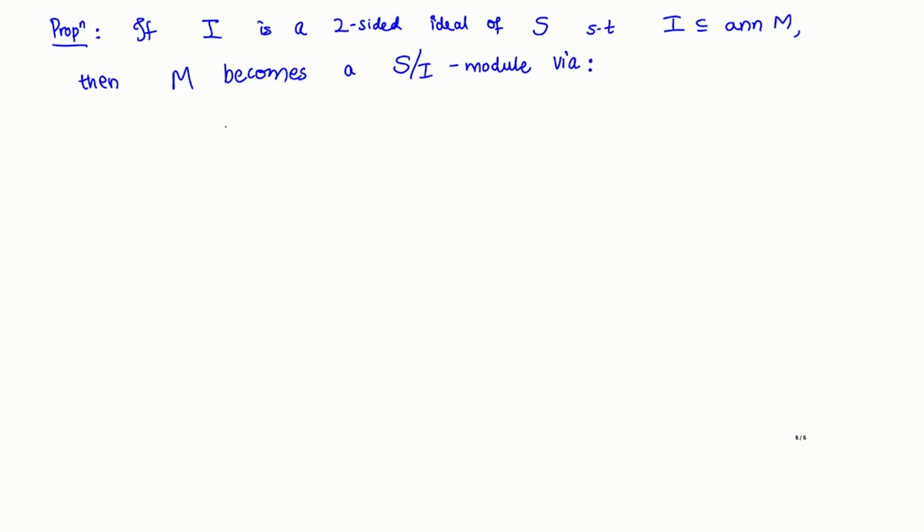Take an element of S mod I. What does a typical element look like? It's a coset, so let's write it as the coset s plus I. How can I make this act on M? Well, there's only one obvious way to define it: (s plus I) times m is equal to sm, for all s in S.